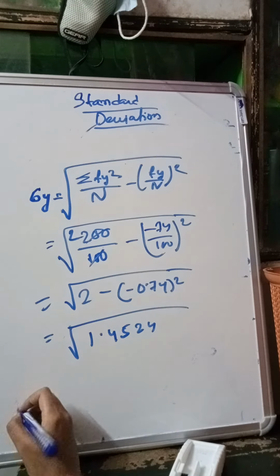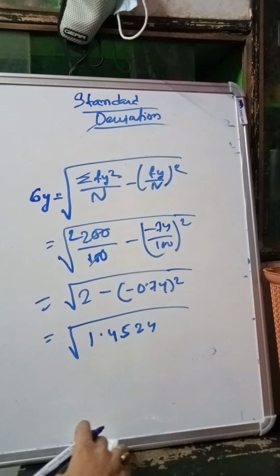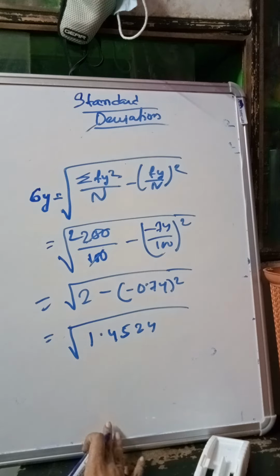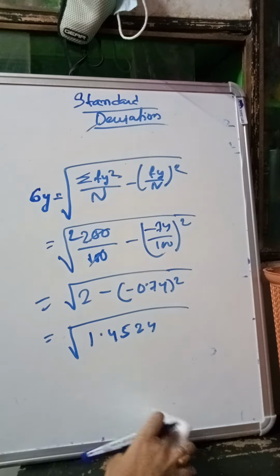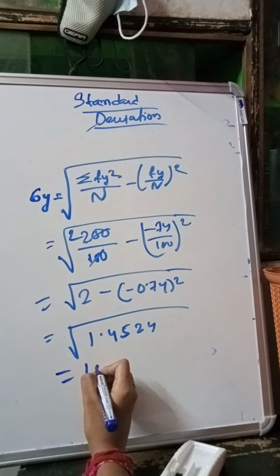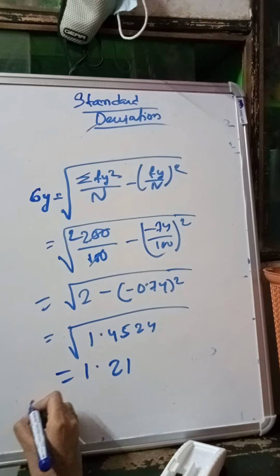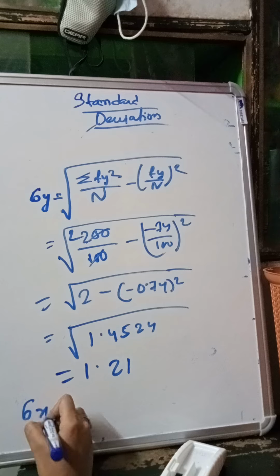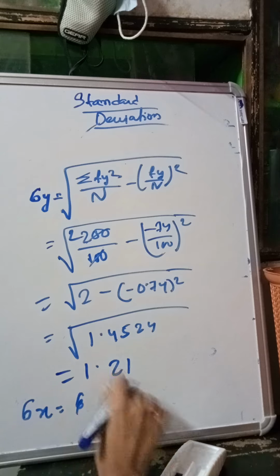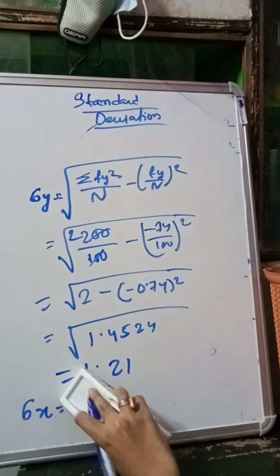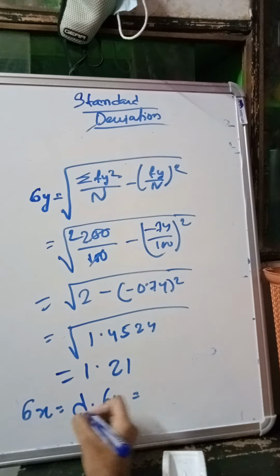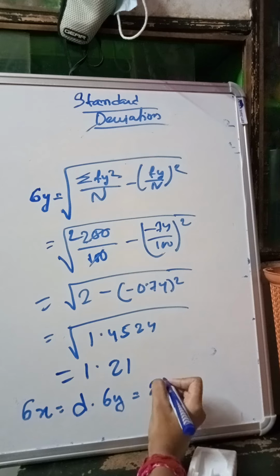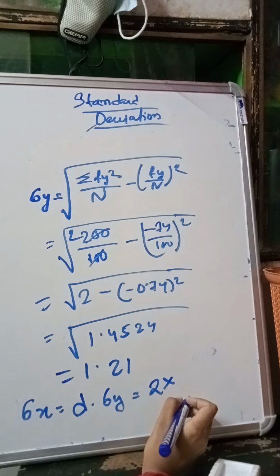Now this is sigma y, and as I have already explained, sigma y is not equal to sigma x here because we have changed the scale. So this will be nearly equal to 1.21. So my sigma x will be d into sigma y. What was my d? d was 2, we have defined d as 2.